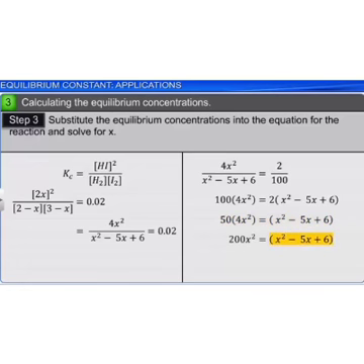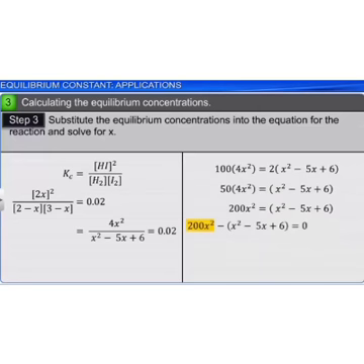This equation can be written as 200x squared minus x squared plus 5x minus 6 is equal to 0. This is equal to 199x squared plus 5x minus 6 is equal to 0.